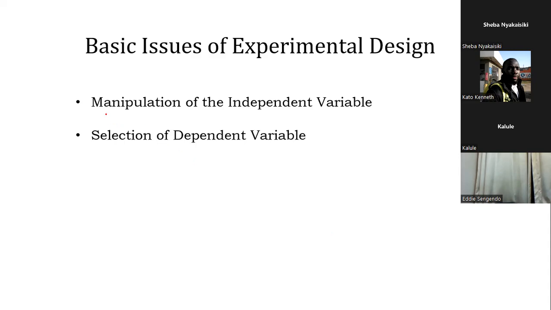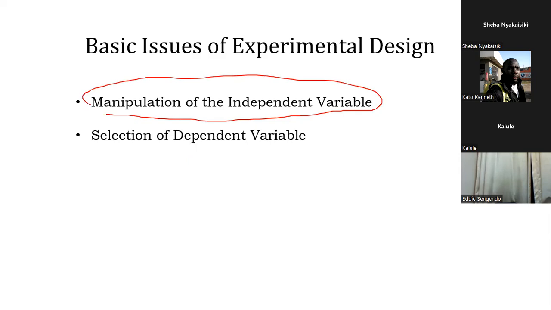So we want to see, if we manipulate this independent variable, does it affect the dependent variable? The dependent variable in our very rudimentary example is degree of happiness. Yeah, that is the dependent variable.